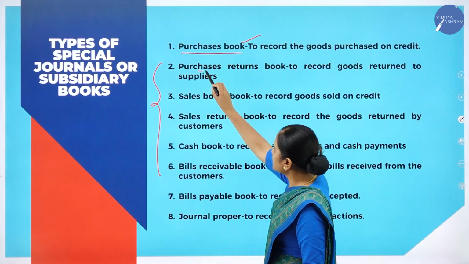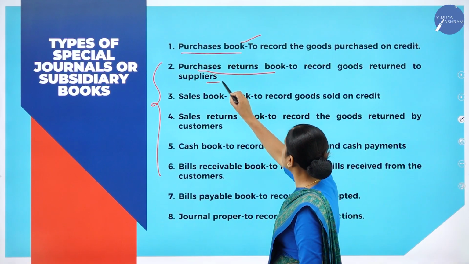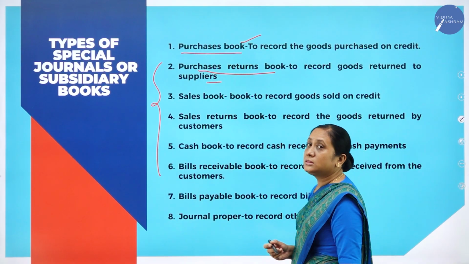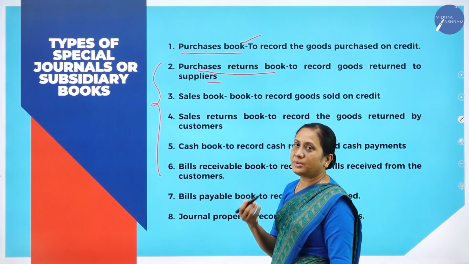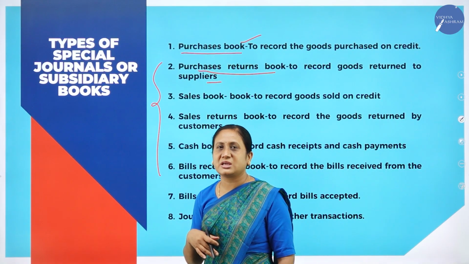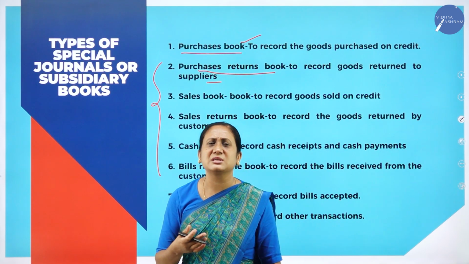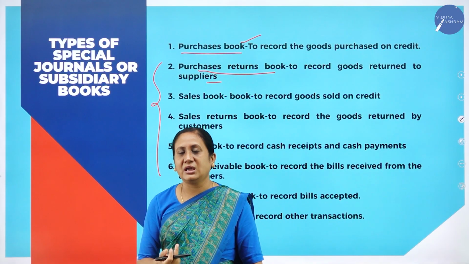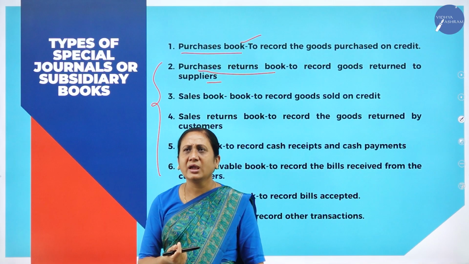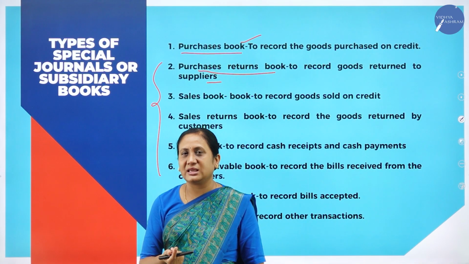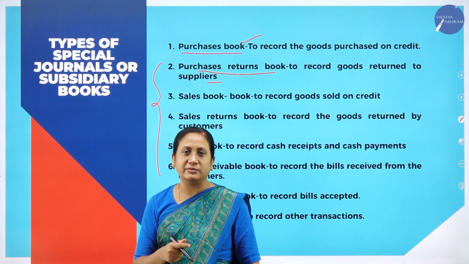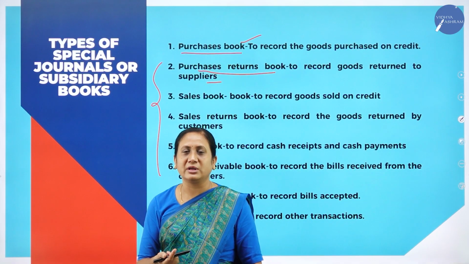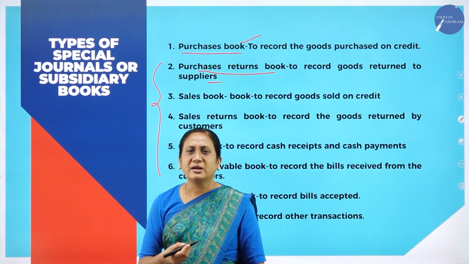The next subsidiary book is the purchases returns book. This book is maintained to record the goods returned to the suppliers. Whatever goods the business has purchased from the supplier are sometimes returned due to shortage, breakage or spoilage, or because a different size, quantity or shape was delivered that is not according to the requirements of the purchaser.